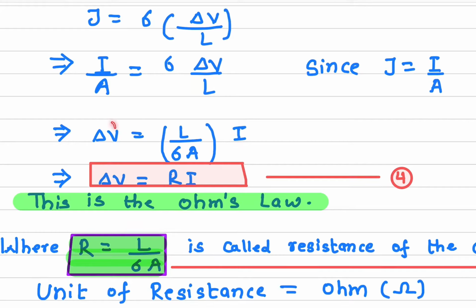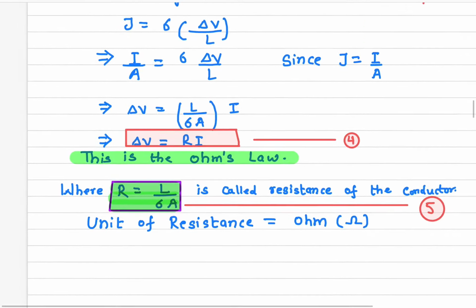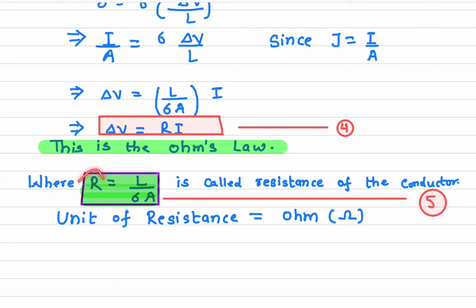What does this show you? The potential difference is directly proportional to the current in the circuit. And all the terms within this bracket are called the resistance of the material. This R, which is L over sigma A, is called the resistance of the conductor, and the unit of this resistance is ohm.